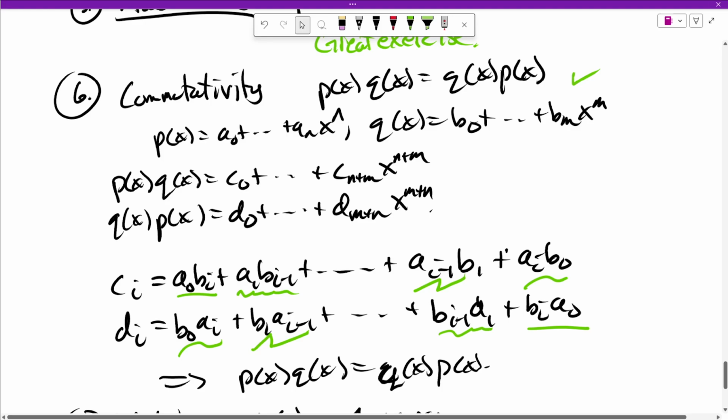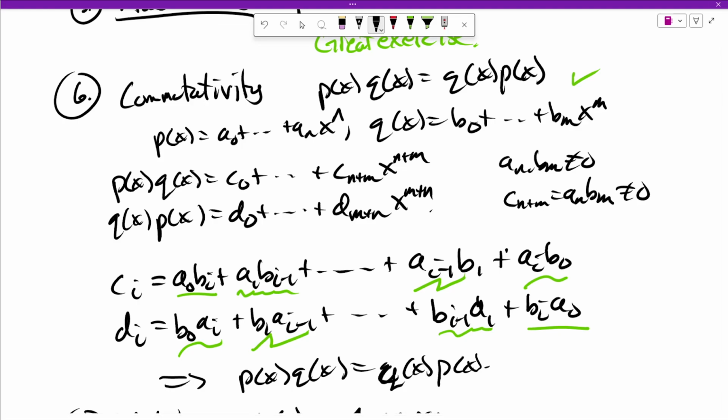If we assume an and bm are not 0, the degree of p is n, and the degree of q is m. Cn plus m is an times bm. We saw that in a previous video, which is also non-zero. So p times q has degree n plus m. That's exactly the degree of p plus the degree of q.